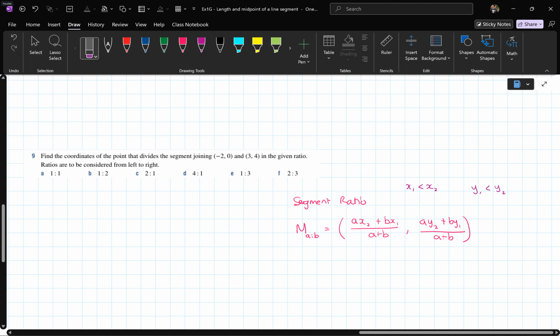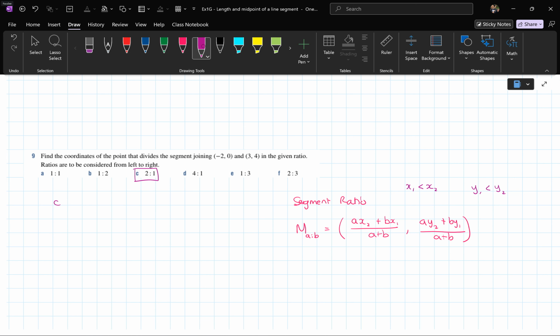Okay, so for example, if I were to do C as an example, so C, you want a 2-to-1 ratio, so A is 2 and B is 1, then the new midpoint of a 2-to-1 ratio will equal to, now if you draw out the axes, you can see that -2, 0 is over here, and the other one is 3, 4.